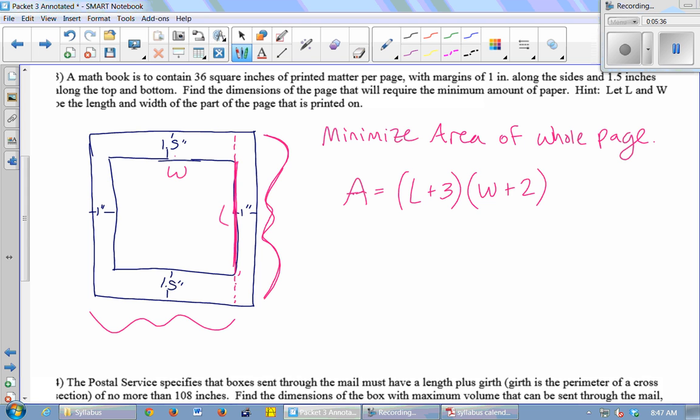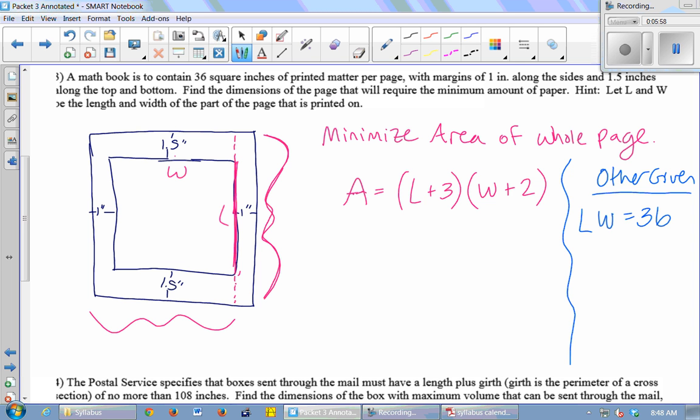Yeah, the inner part, the printed part, is 36 square inches. So the other given info is that length times width has to be 36, because L and W are representing the length and width of the printed part. So that has to be 36.